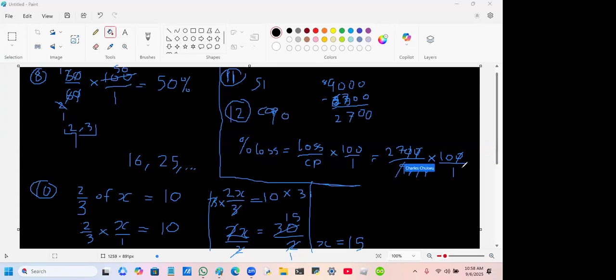Then 9 will go into itself once. 9 will go into 27 how many times? 3 times. You're still slow with your multiplication table. Not a good thing. 3 times 10 is 30. So the answer is going to be 30%. Can you write it down quickly?